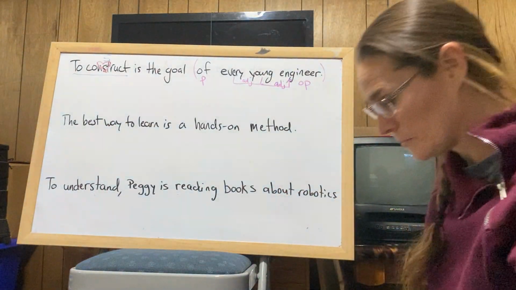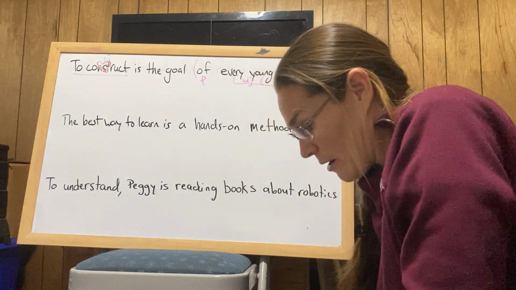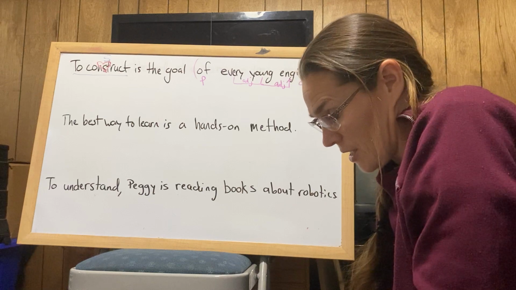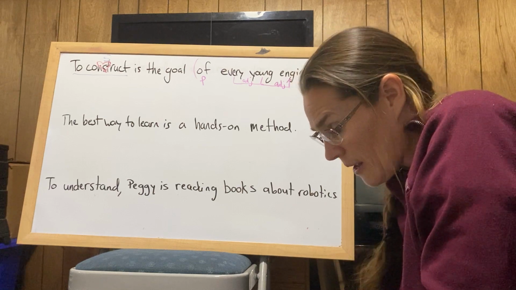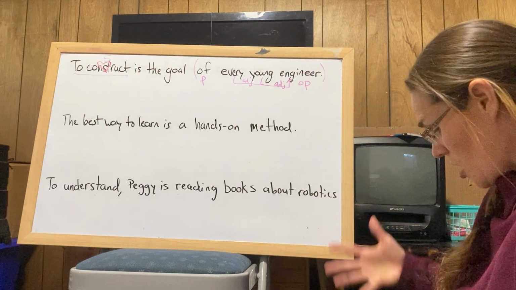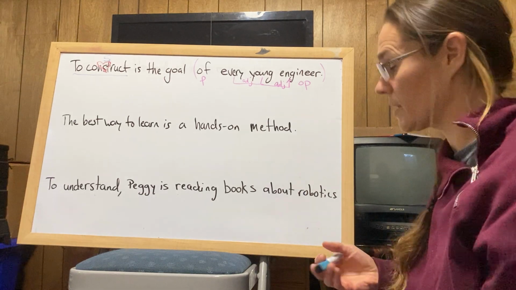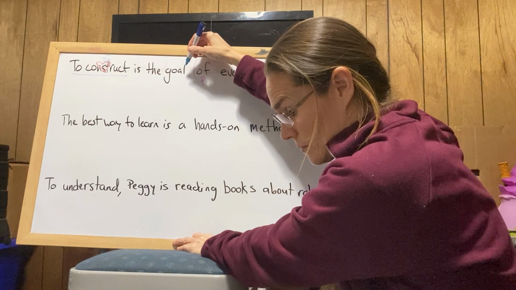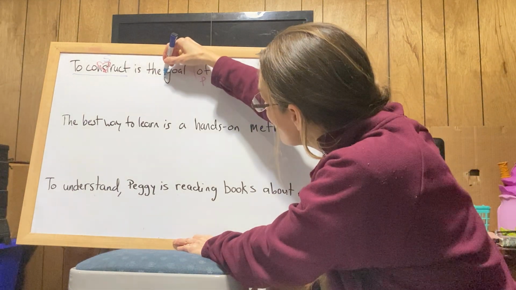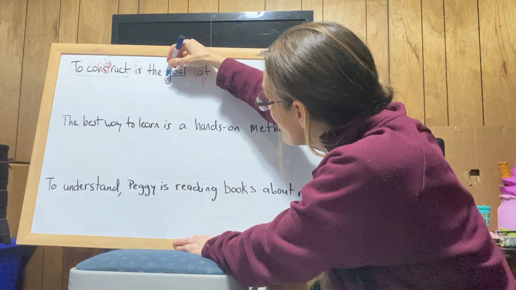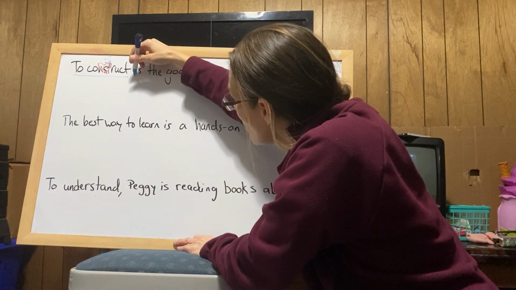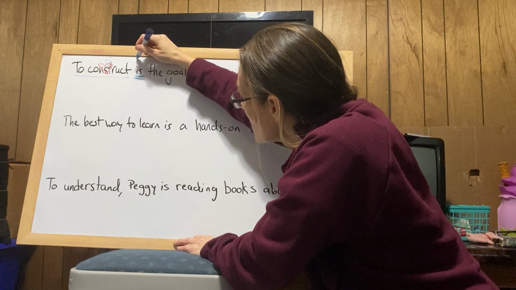This sentence is about to construct. So to construct is the subject. This sentence tells us that to construct is goal. I don't like that blue. This one. So goal is goal.